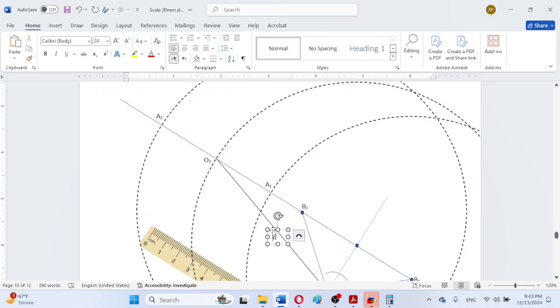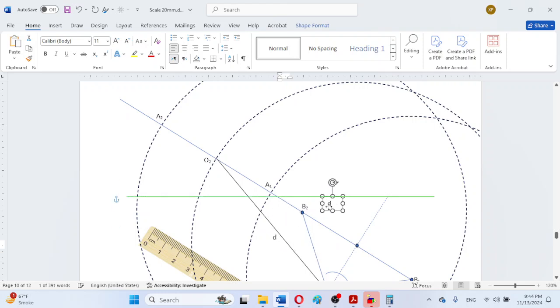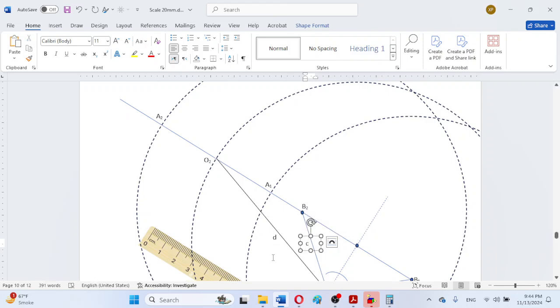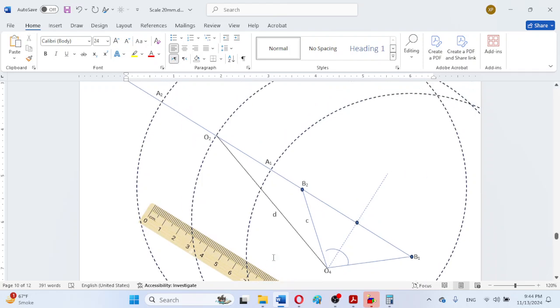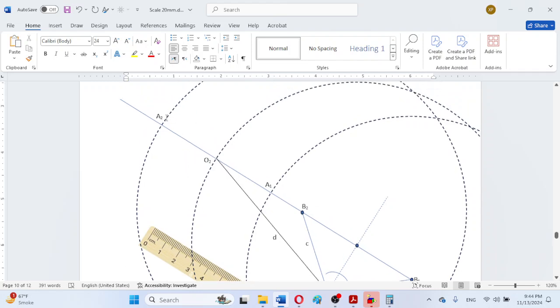In a similar manner, we can just copy and paste and change this label, so this is actually C. C and D have been specified, and the crank length O2, crank length small letter a, that will be actually the distance from O2 to A2 or O2 to A1.